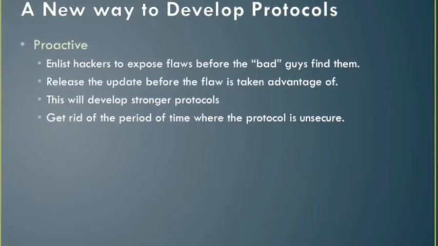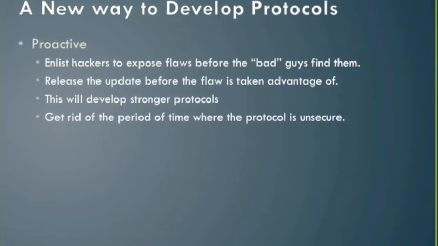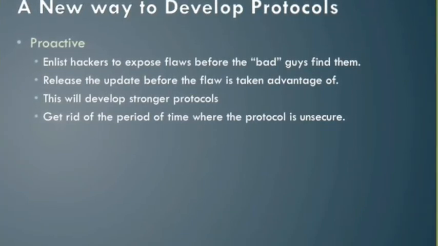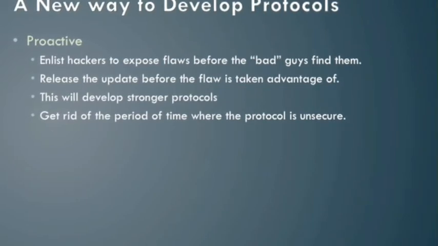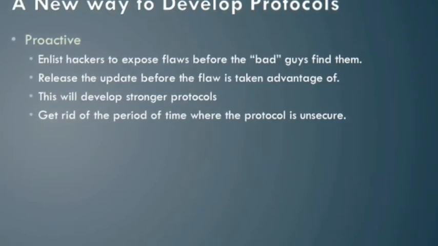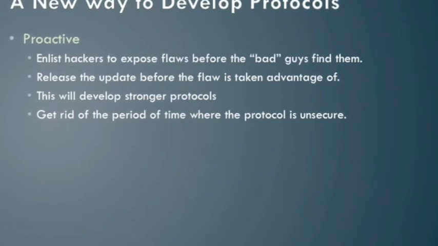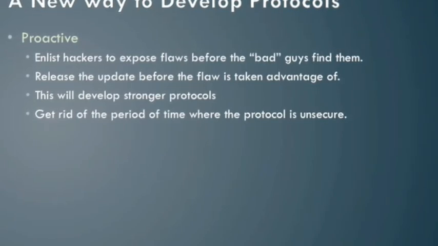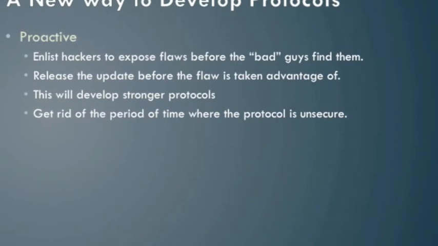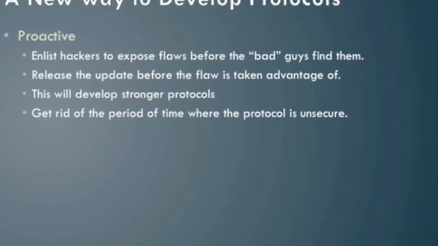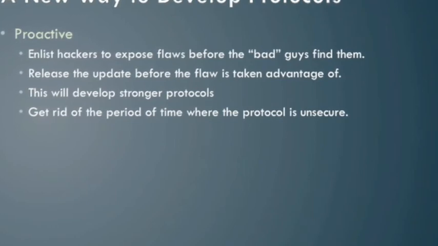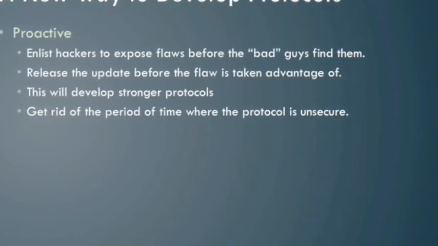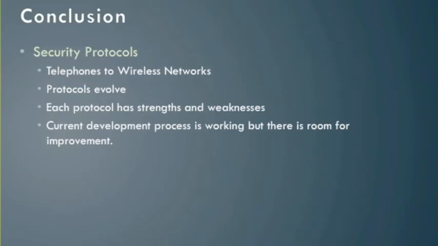In this approach, companies or the government would try to find the security flaws before hackers or the bad guys can find them, in order to release updates before they can exploit those flaws. This will make much stronger protocols and will get rid of any flaws and any loss of data that can happen because of this.